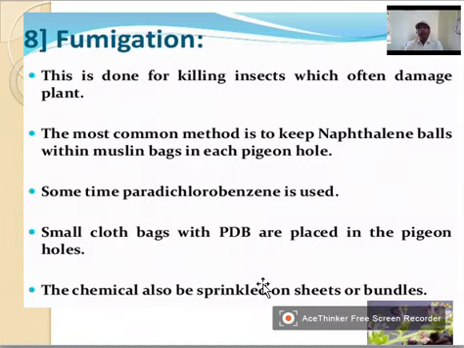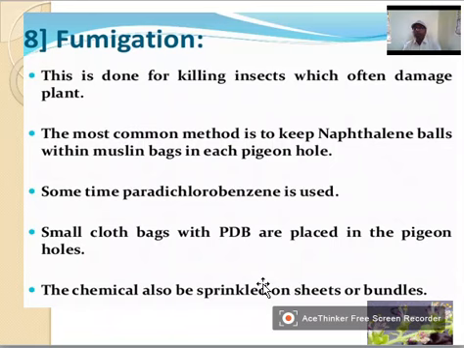Now, fumigation. What is fumigation? This is done for killing insects which often damage plants.